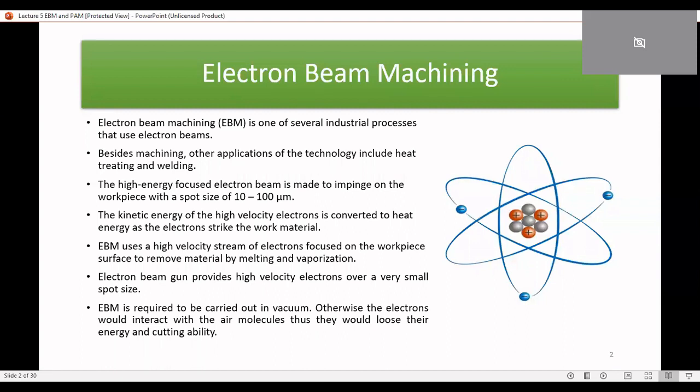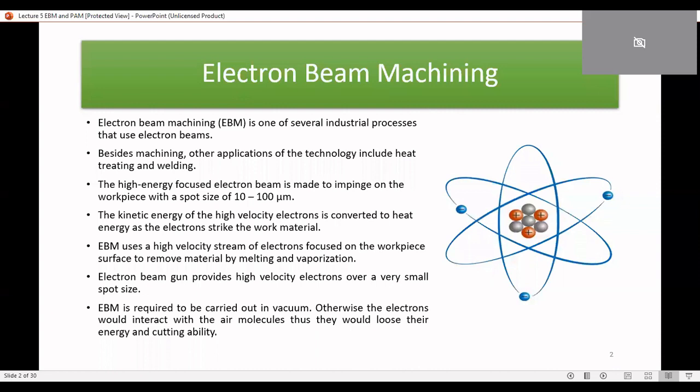Once the voltage gets to a certain level and the gap between the electrode and the workpiece gets to a certain level, electrons can jump from the electrode to the workpiece. Then ionization happens, and so on and so forth. So a similar principle can be used in this EBM machining process.